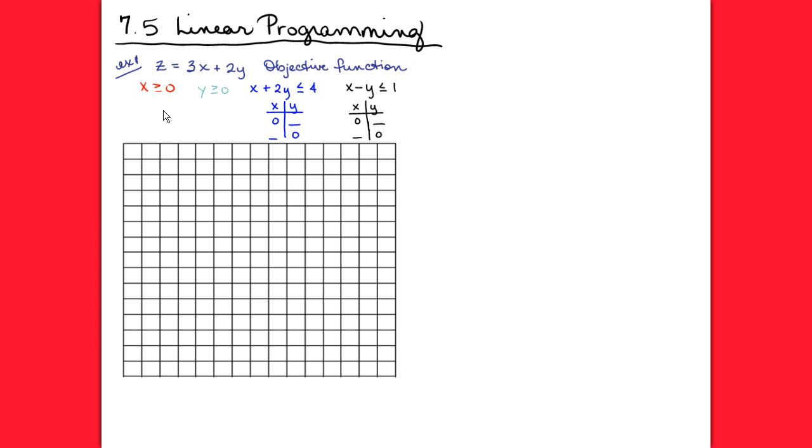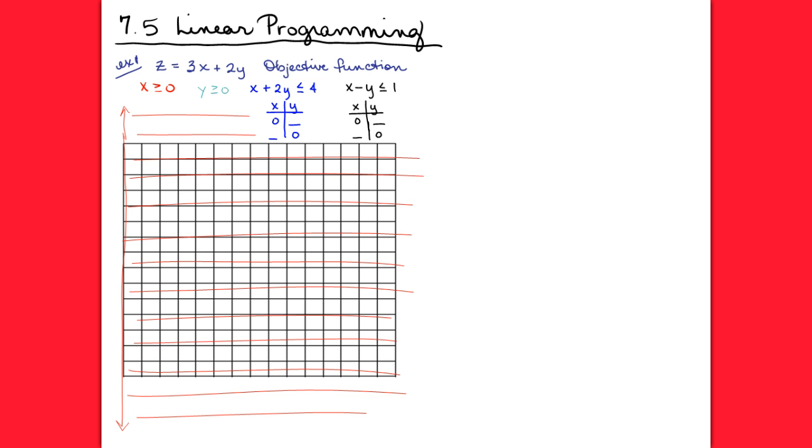Remember we said if it was less than or greater than, it would be dotted. If it was less than or equal to or greater than or equal to, then it would be solid. And then where are the values that are greater than 0? Am I going to shade to the right or to the left? Right, to the right, absolutely. So there's x is greater than or equal to 0. Vertical line at 0, solid, shading to the right.